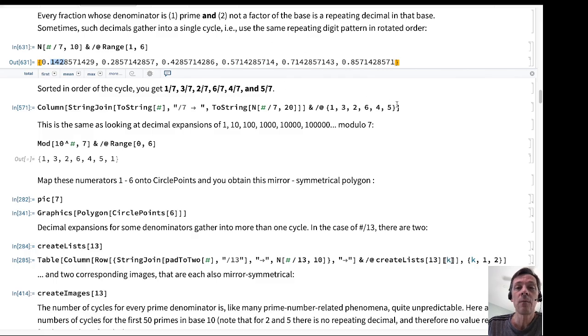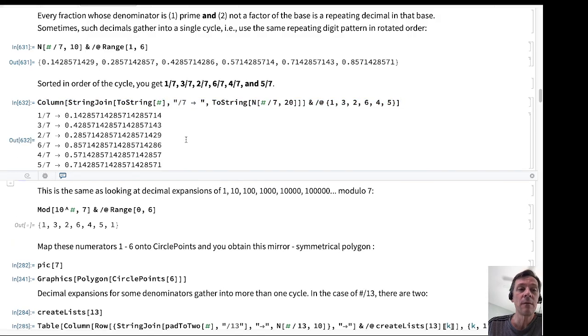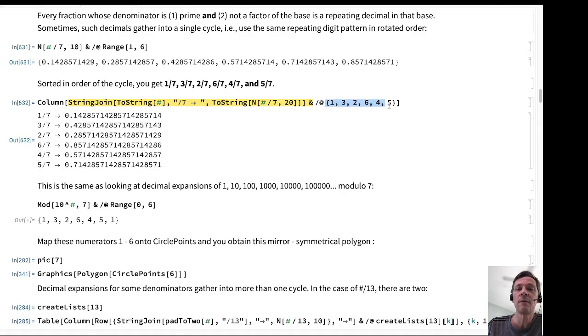Sorted in the order of this cycle, they look like this: 1/7, 3/7, 2/7, 6/7, 4/7, and 5/7. You can see the digits of the repeating cycle shift to the left with each line. So n over 7 in base 10 is represented by this sequence of numbers: 1, 3, 2, 6, 4, 5.